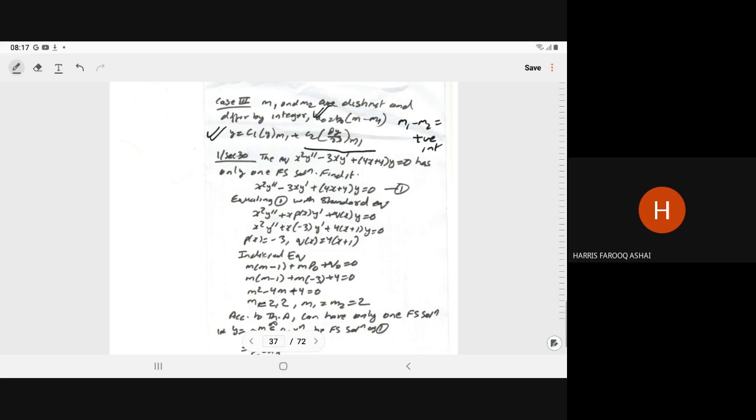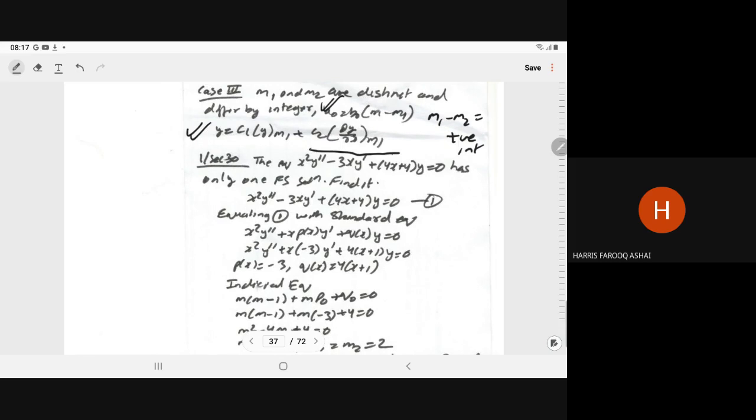Now, let us see question number 1 of section 30. The equation x squared y double dash minus 3x y dash plus 4x plus 4 y equal to 0 has only one Frobenius series solution, and find it.